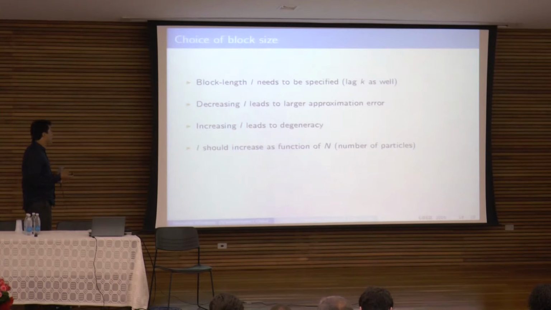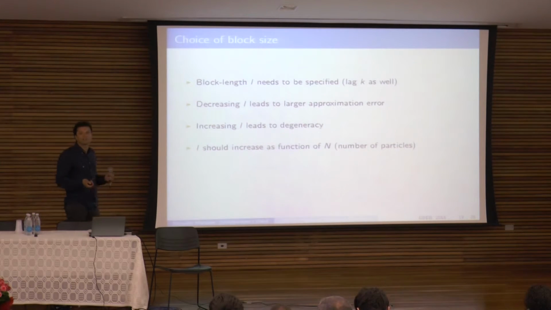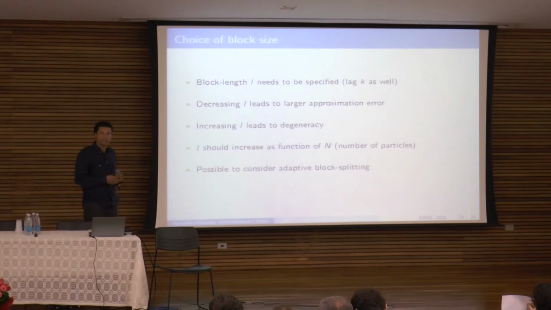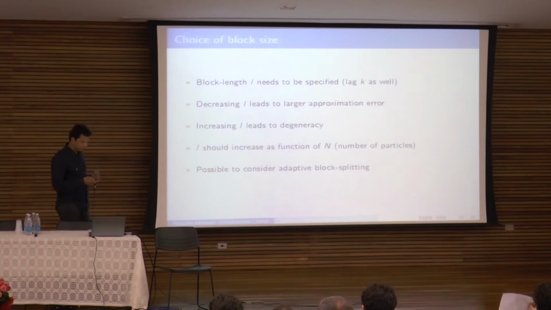So maybe L should be increased as a function of the number of particles. If you are able to simulate with a lot of samples, then you reduce your degeneration. And now, of course, it's possible to consider adaptive block splitting, where you can run and calculate the number of blocks and the size of the block together.